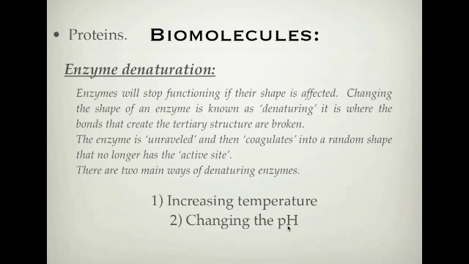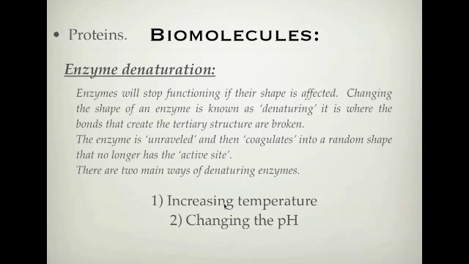Changing the pH, putting it into a basic region, will take away some of the hydrogen, so it will change the acidic side chains, and it will change the areas where we have the NH groups as well. So it'll change the basic side chains, and it'll change the acidic side chains as well. So if you change the pH, you're going to stuff up the overall shape and denature your enzyme.